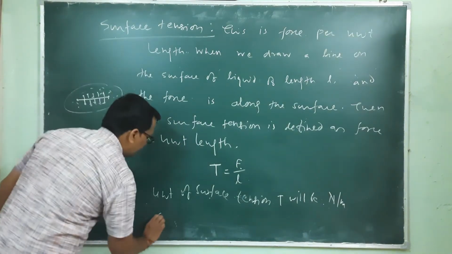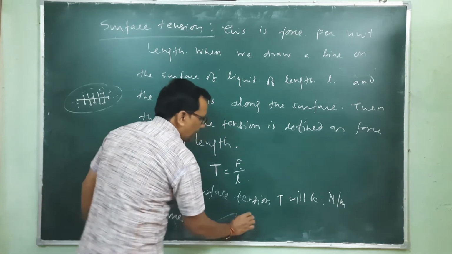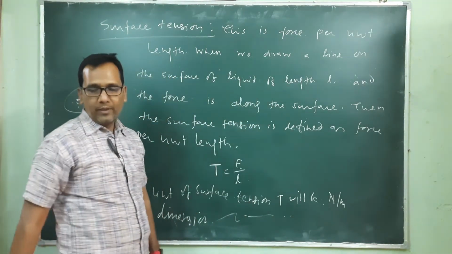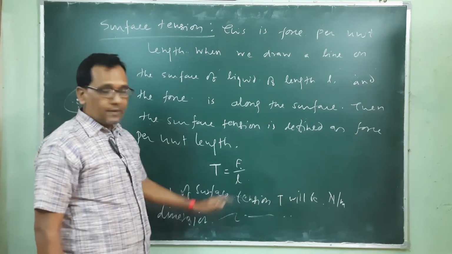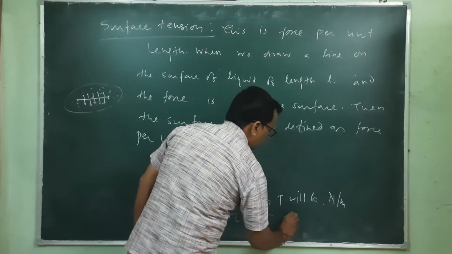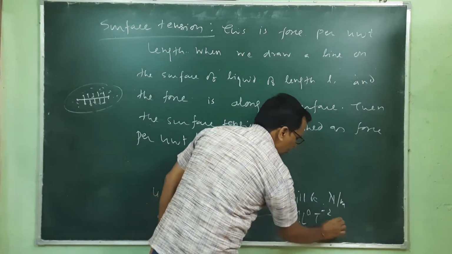The dimension of surface tension is force, MLT minus 2, divided by L, so this is M L naught T minus 2.